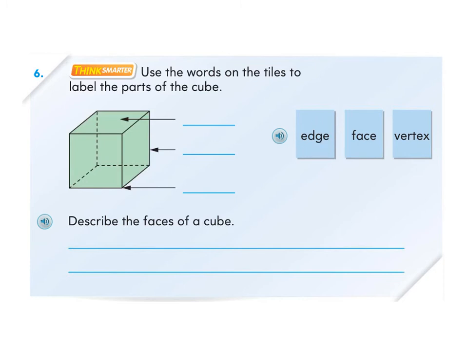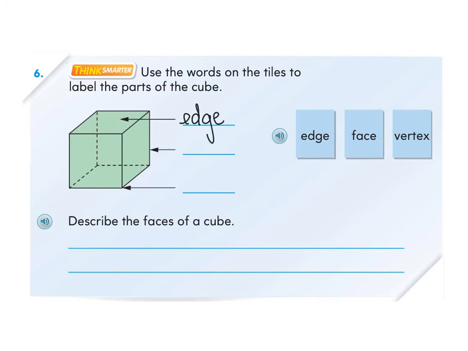The edge is the side, or is where the 2 faces meet. So this cannot be an edge because this is pointing to a face and this is pointing to a vertex. So this is the edge because this is showing where 2 faces meet. So that's an edge.